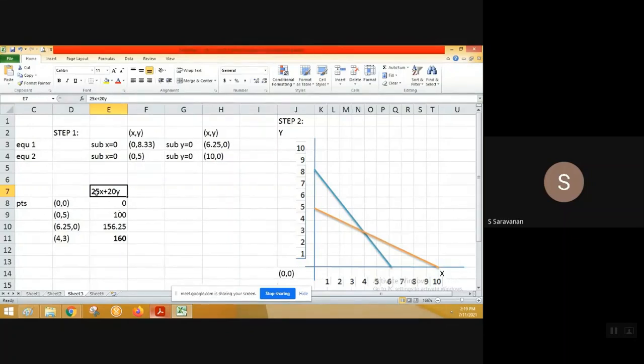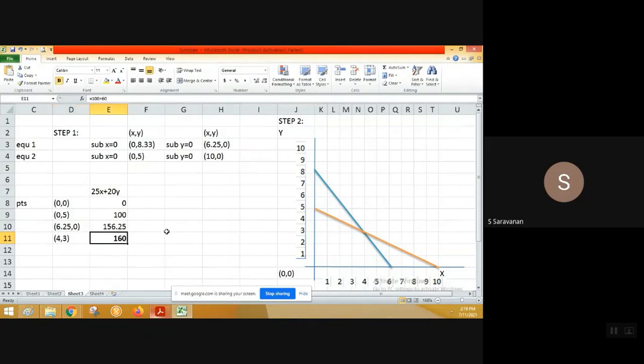For 0, 5, x will become 0, y is 5, so it is 100. For 6.25, 0, 6.25 multiplied by 25 plus 0 is 156.25. Then substituting 4 in x place and 3 in y place, 100 plus 60, so 160. So we have 4 answers.